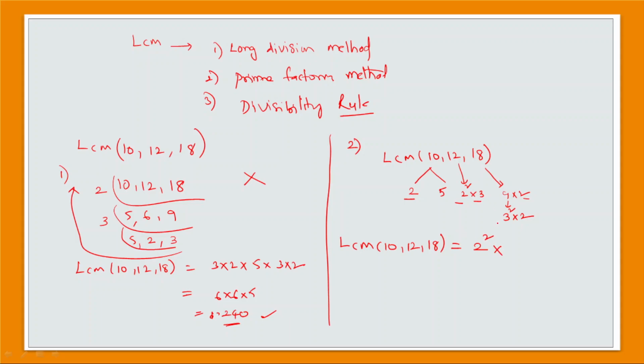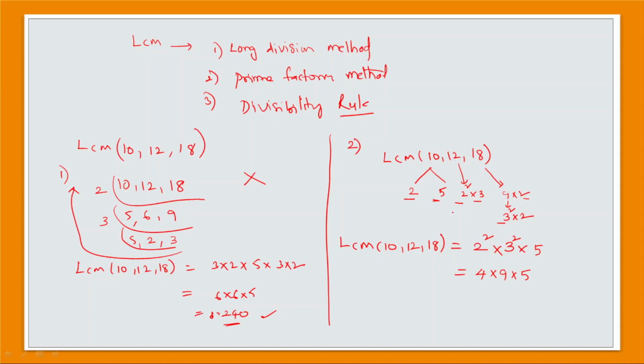Here 3 and 3 square were present, so the highest among 3 and 3 square will be 3 square. And the number we are left with is 5 only. So this can be simplified as 4 into 9 into 5.